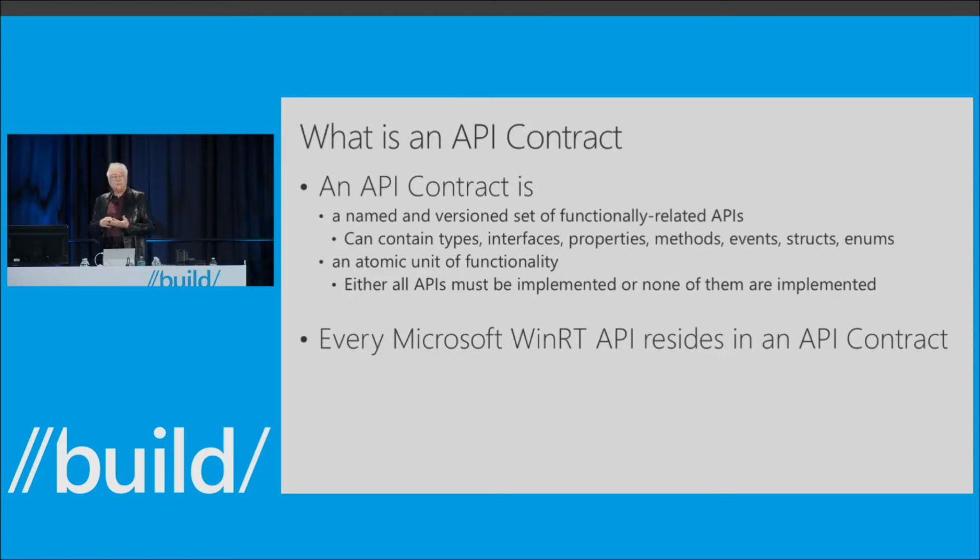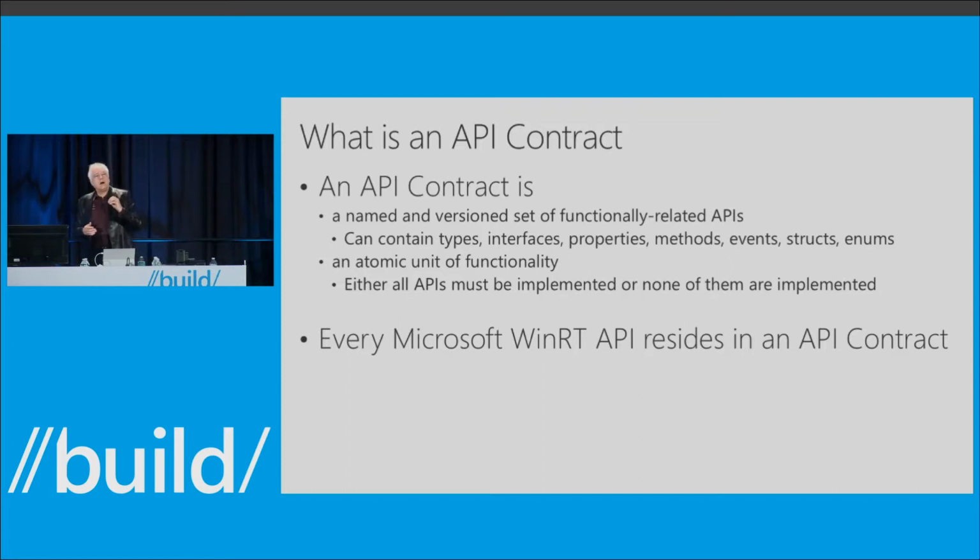An API contract can contain types, interfaces, properties, methods, events, structs, enums, basically everything that would make up an API. So you could think of Cortana, as I said. I pick on Cortana a lot because I like the name and I like the girl in Halo. Other than that, Windows networking just doesn't have the same ring to it.